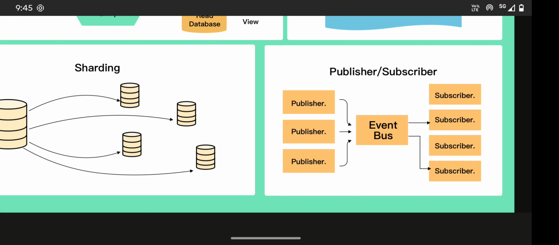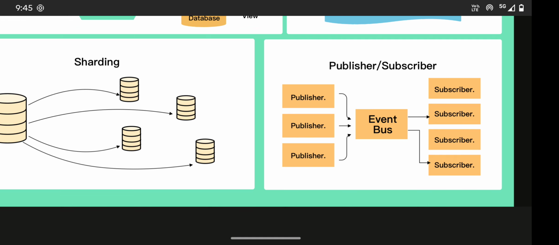So the publisher is nothing but a program. What it will do is publish some events, some data, into some queues, or you can call it an event bus also. After that, all the subscribers who subscribe to this particular event bus or particular queue can get the data.